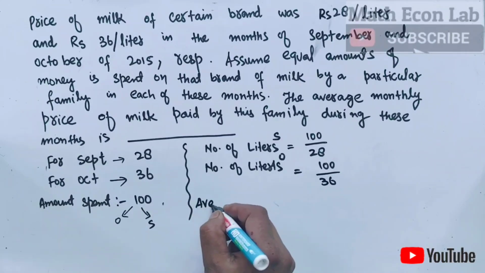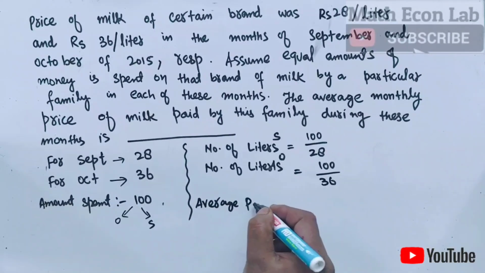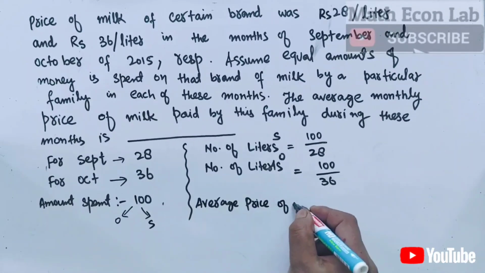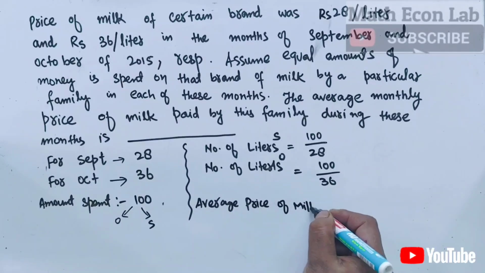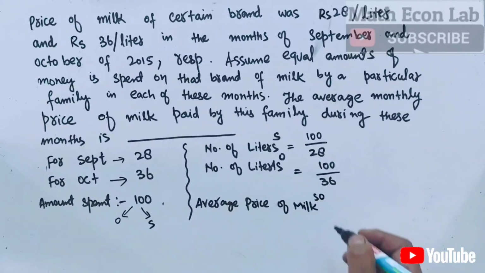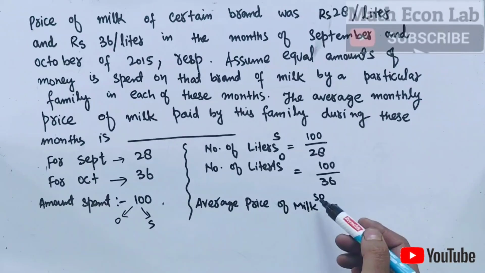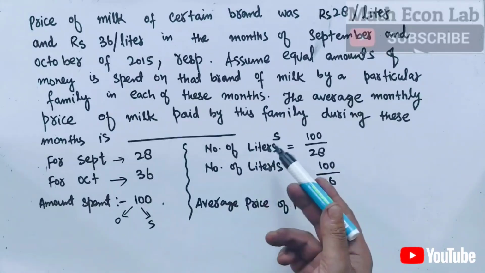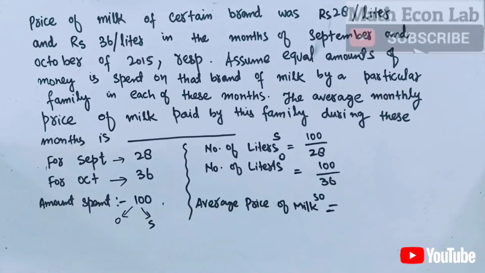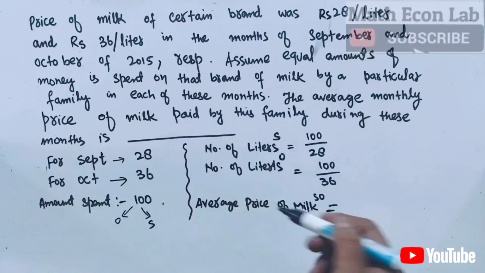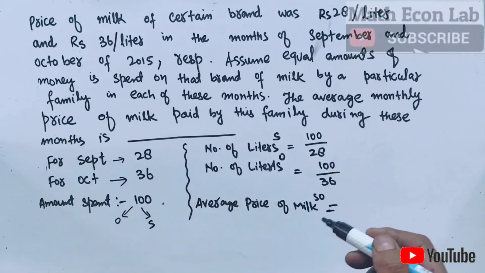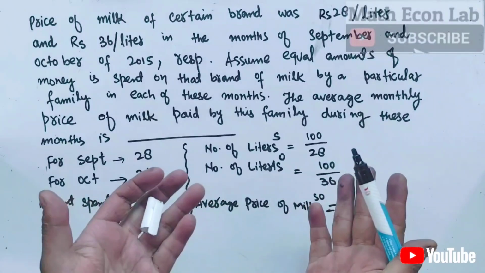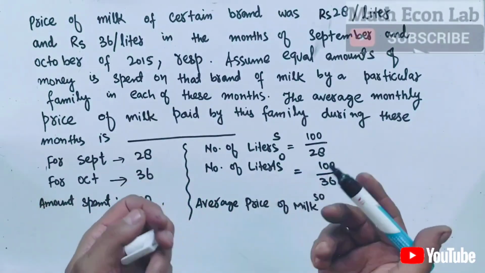Now, average price of milk for September and October. I am using a superscript to show September and October. This is not any standard notation of showing this stuff. For the sake of simplicity, I am doing it here. Okay, what will be the average price of the milk for the months of September and October? It will be equal to the total amount spent in these 2 months divided by the total amount of milk bought.